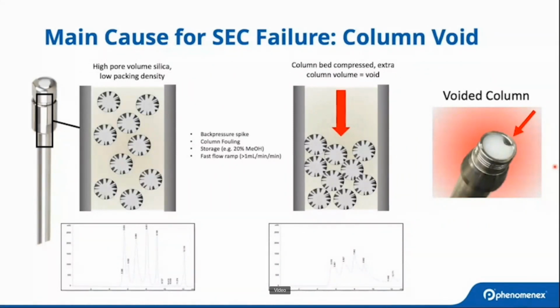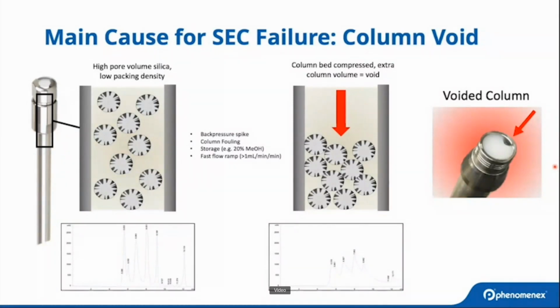Now, even sub 2 micron UHPLC size exclusion columns are a challenge to pack above 10,000 psi. Consequently, you end up with a loosely packed bed and low packing density. A loosely packed size exclusion column will work great initially until the rigors of routine use begin to set in, or the column begins to get fouled.